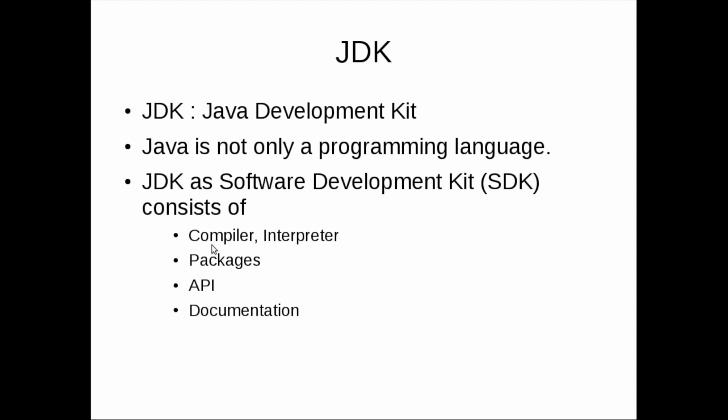And this bytecode is given as an input to the JVM. JVM acts as an interpreter. The command is java, and this interpreter reads bytecode and converts the data into binary form. So the first task is compilation and the second task is interpretation. As I said, Java is a double compiled language. After interpretation, if required, JIT comes into the picture, and this JIT is called the just-in-time compiler.